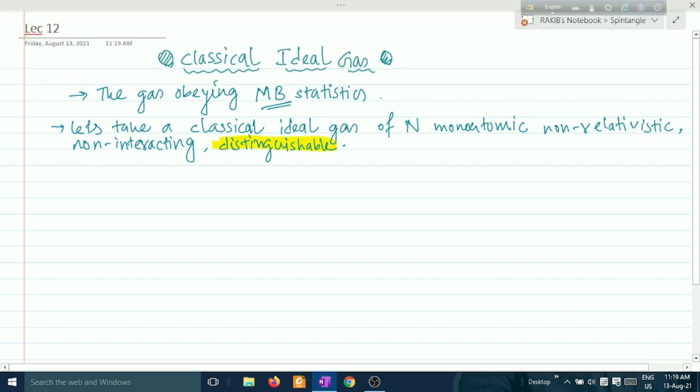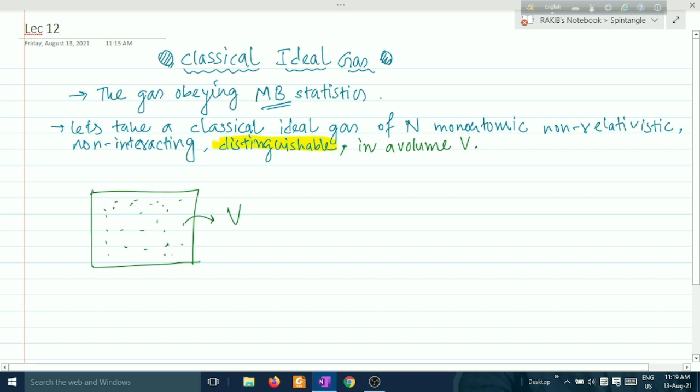So distinguishable particles in a volume V. Say this is a classical ideal gas in a volume V, and there are n molecules which are monoatomic. So the number of particles I am writing here.